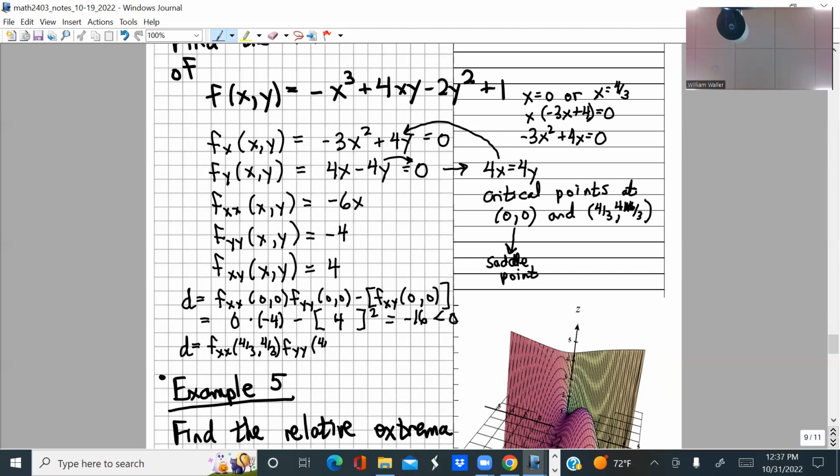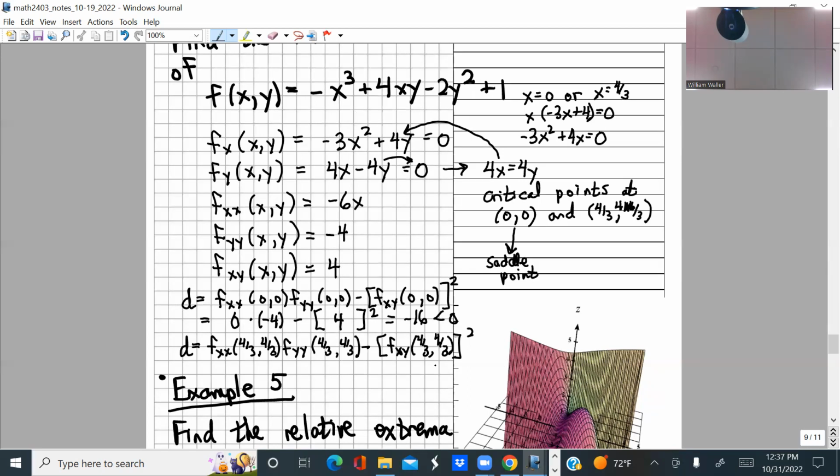Well, that's nothing because that's a constant. And then minus f sub xy of 4/3, 4/3. But don't forget we're supposed to square this. f sub xy also is a constant, right?